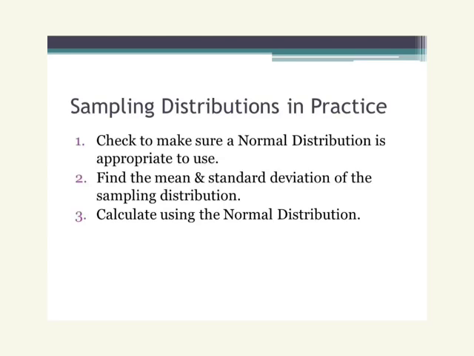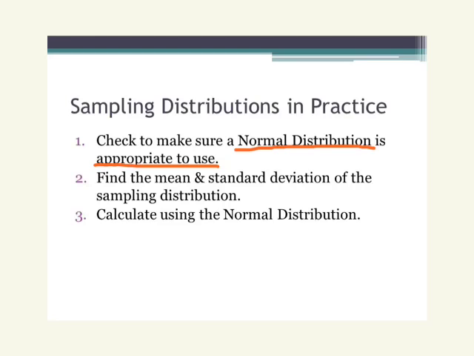All right? And we know how to use the normal distribution, so it should be pretty familiar to us. We should be comfortable with that, and so that makes our life pretty easy in statistics. So when you look at our process here, to actually use a sampling distribution, step number one is to make sure that a normal distribution is appropriate to use. All right, and we'll talk about how to do this here in a moment.